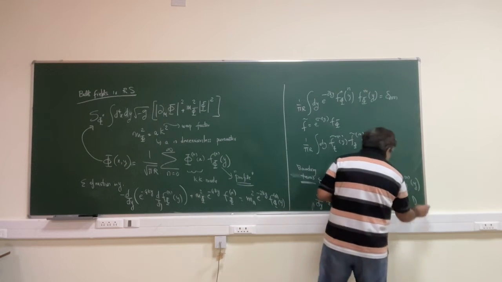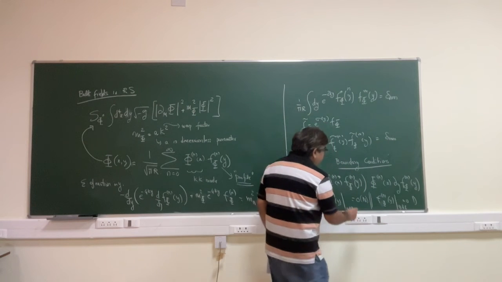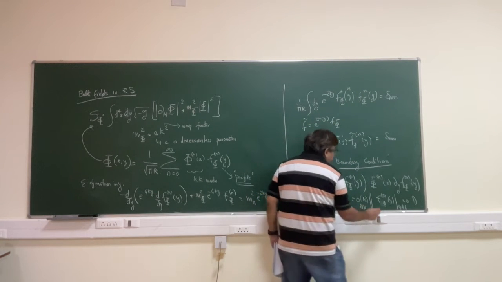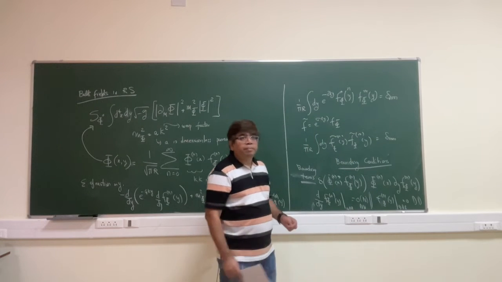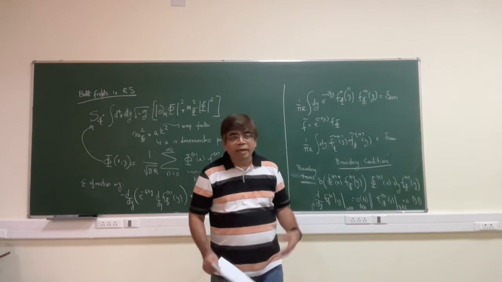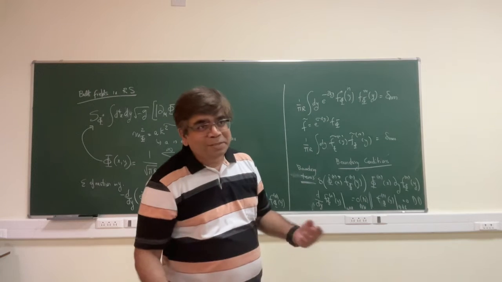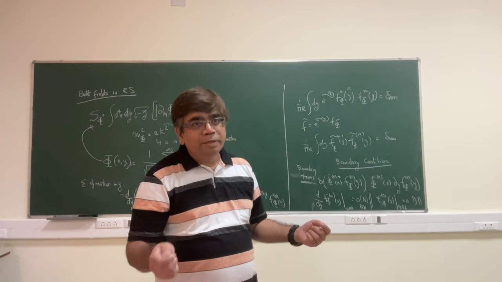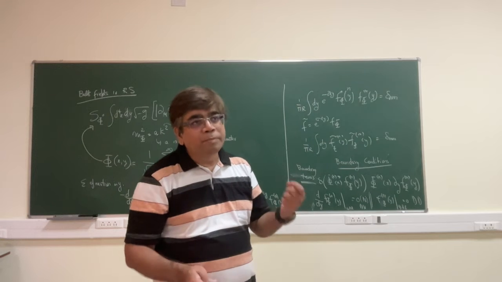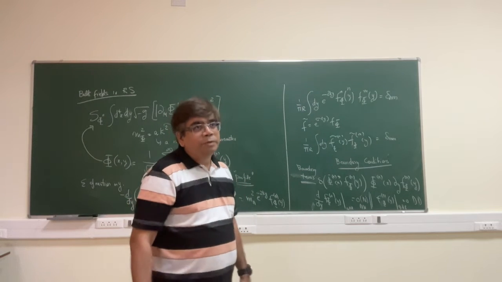Sometimes they are called NN boundary conditions, sometimes DD, and you can also have ND, DN kinds of things. At one boundary you give Neumann and at another boundary you can have Dirichlet. So you can have mixed boundary condition scenarios also.